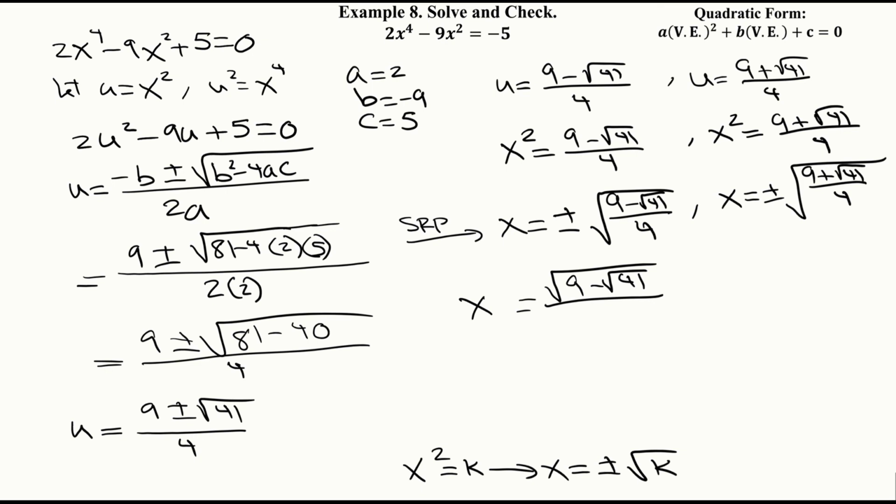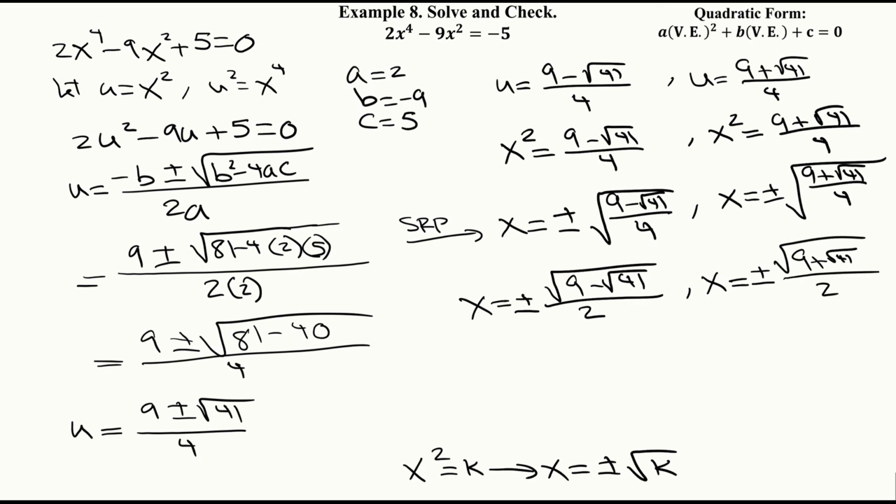So we get plus or minus, let's not forget our plus or minus, the square root of 9 minus the square root of 41 over 2. And on this side, we get x equals plus or minus the square root of 9 plus the square root of 41, over 2.